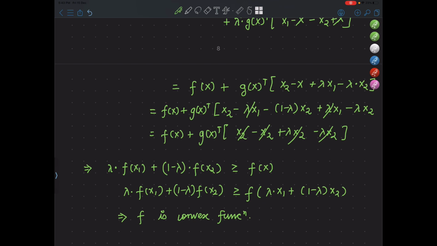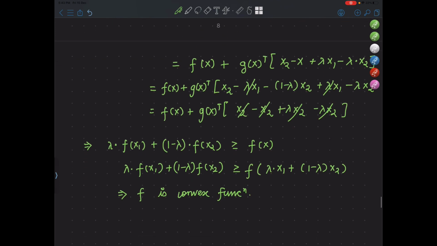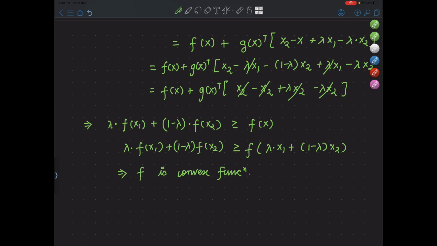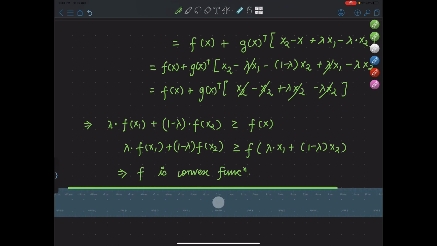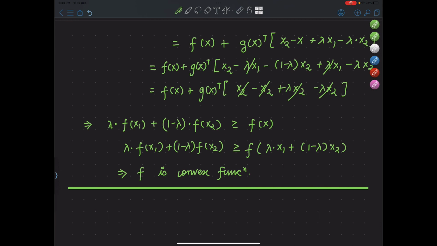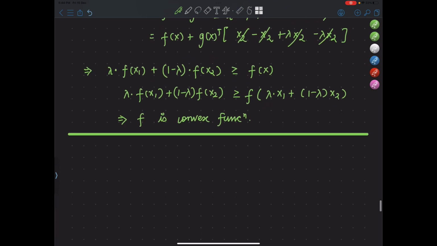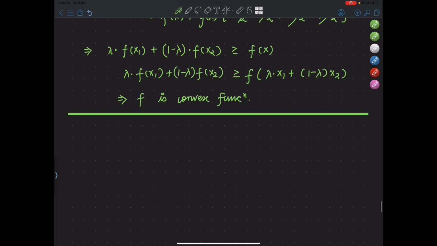So we have proven both the parts, that if f is convex, then the inequality is true, and if the inequality is true, then f(x) is convex, and hence we have proven the theorem. So this is a very important theorem, and we should always remember it.